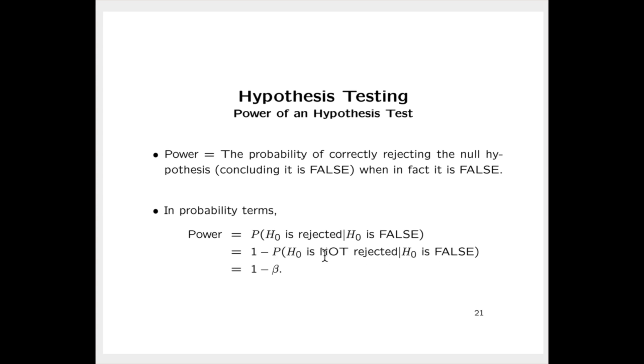Well, this conditional probability, if you go back to the previous slide, is just beta. So there's a nice relationship between power and beta. Power is equal to 1 minus beta, or we could rewrite that in a couple different ways. Beta is equal to 1 minus power, or power plus beta is 1. All right, so you can think about it in any of those three ways.